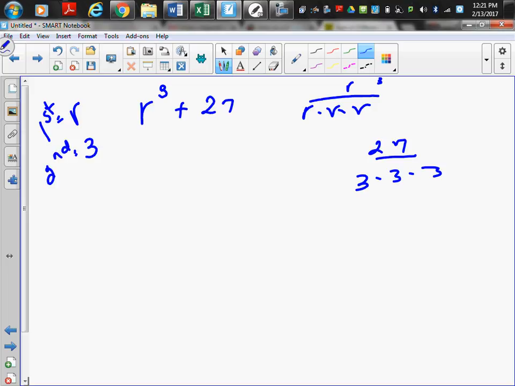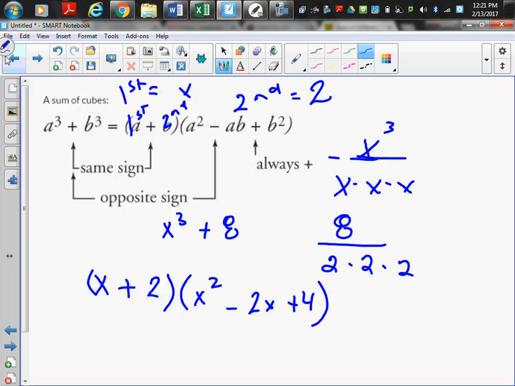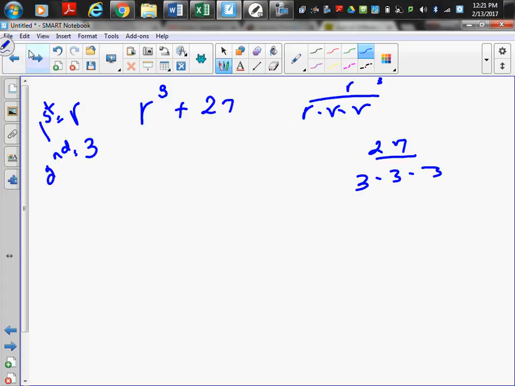All right, so let's go back to our formula. So it says first plus second. So we're going to take our first, r plus 3.